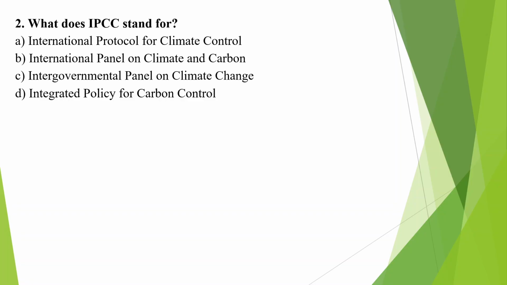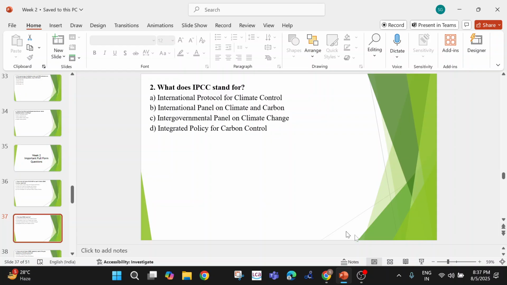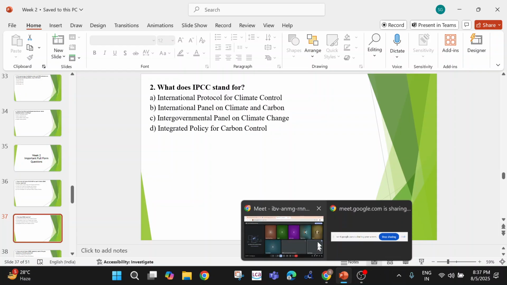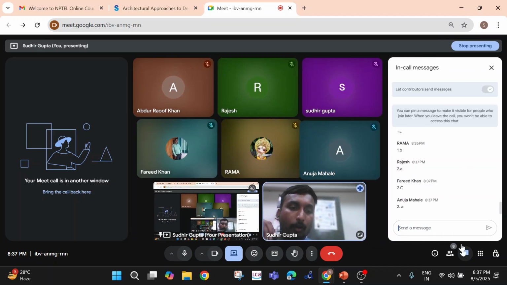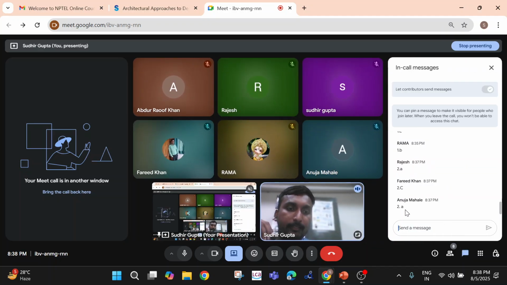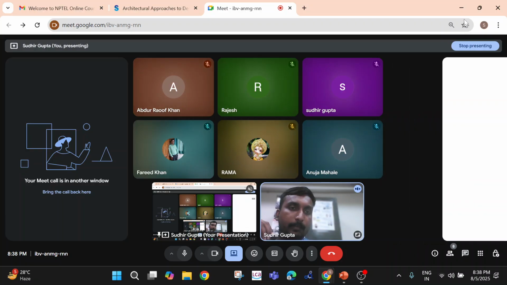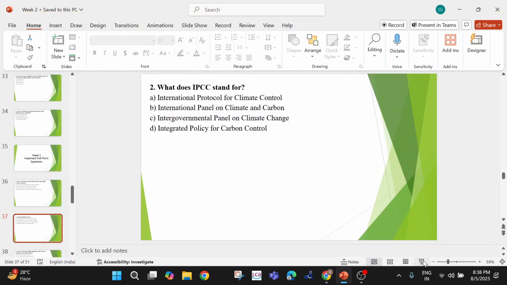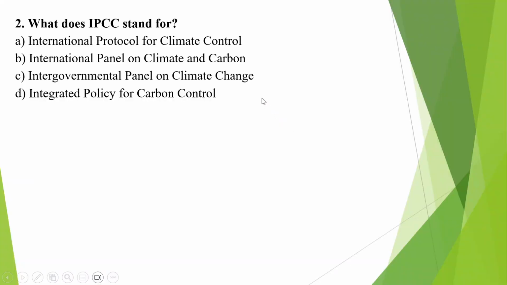What does IPCC stand for? As I can see, two people are going for A and one is going for C. Fine. So the correct answer for this question number 2 is C, not A.